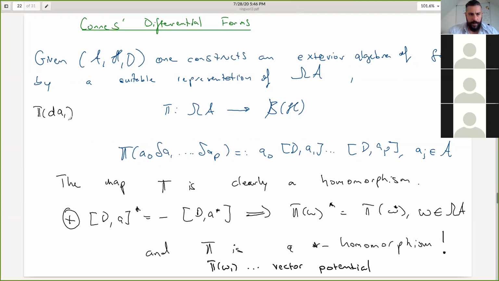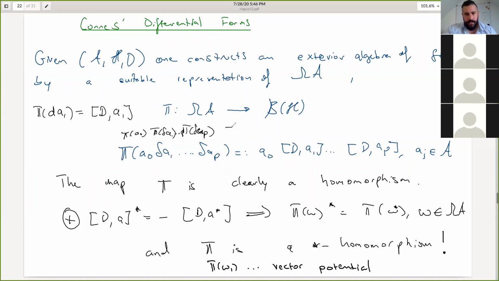So we have some element of the algebra, A1. We apply the D on it. This gets us to the space of one forms, and then the representation of that is just the commutator of D with A1 for this spectral triple. And the map is a homomorphism. You can see that, because pi of A0 delta A1 ... delta AP is equal to pi of A0, pi of delta A1, up to pi of delta AP.